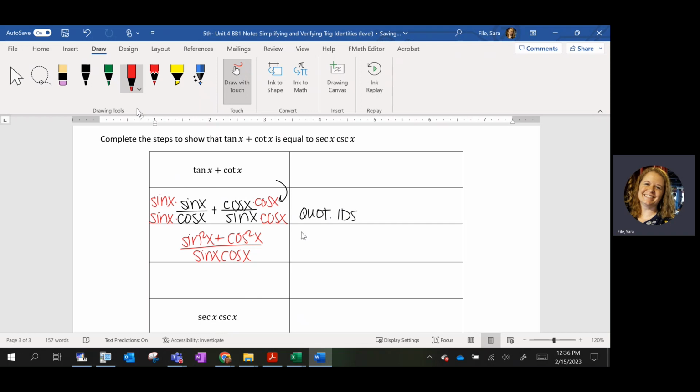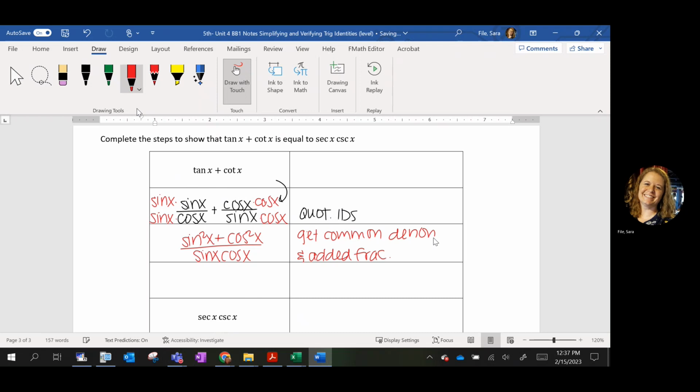What I did here was I got a common denominator and combined the fractions. I did that all in one step. If you want to do it in two separate steps, that would have worked too. But I got a common denominator to combine these into one fraction.